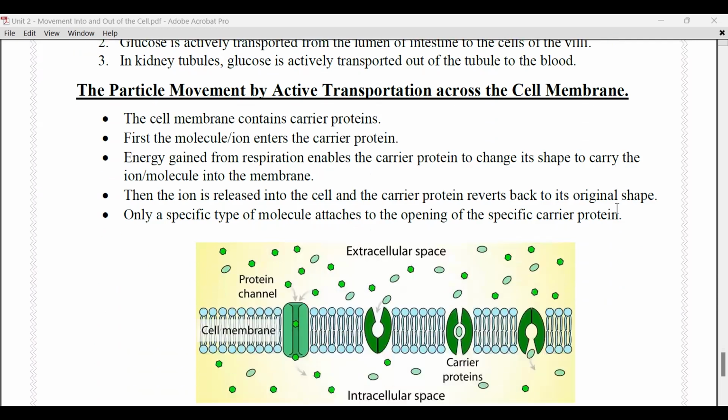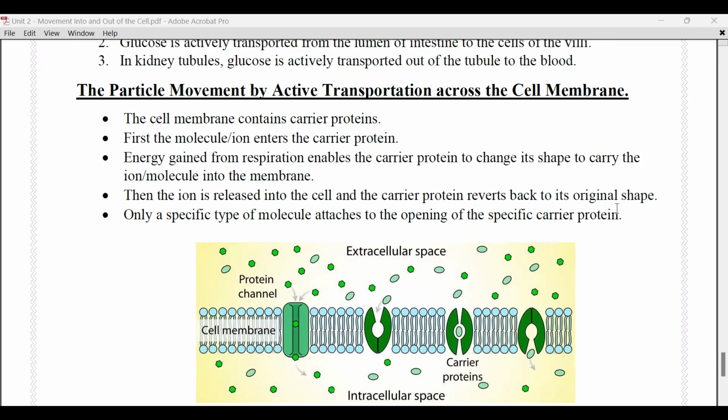So this is how the process of active transport takes place. Firstly, the cell membrane contains carrier proteins, as you can see in the diagram below. Then ions or molecules enter these carrier proteins, and the energy gained from respiration enables these carrier proteins to change shape and carry the ion or molecule across the membrane and into the cell.